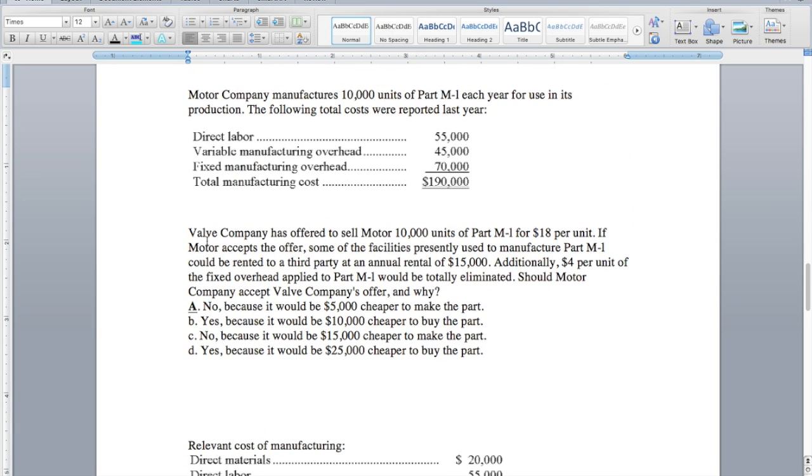They give you this information on a total basis, but I want to break it down into a per unit basis. They're making 10,000 units, so I'm going to do it on a per unit basis. So direct labor, variable overhead, fixed overhead, and a total cost, and we're looking at making it or buying it.